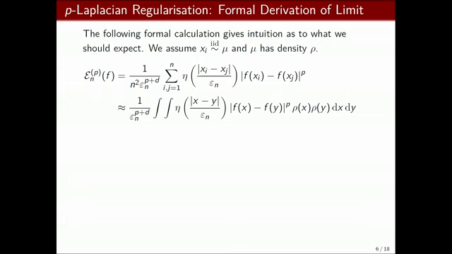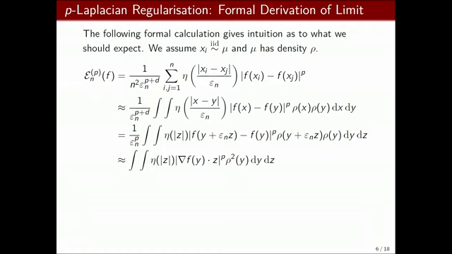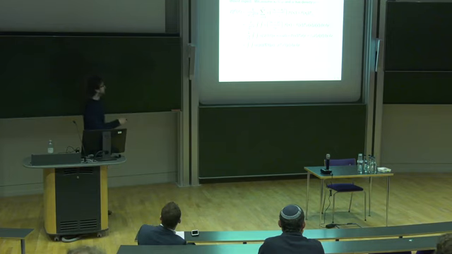Formally at least, you can see that these two things should be close. I do nothing but a change of variables from this line to this line: I let z be equal to x minus y over epsilon_n, and this is what one gets. Looking at this term, what I have is a finite difference, divided by something on the order of the difference itself.